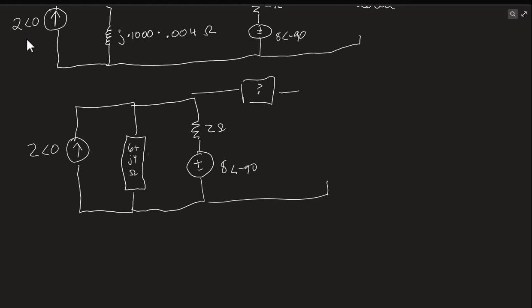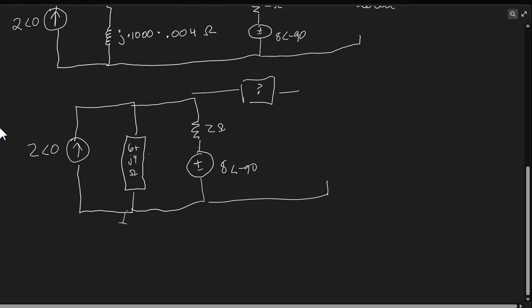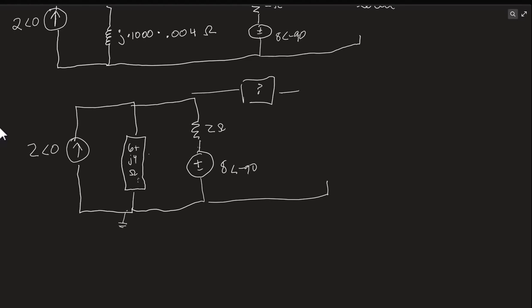So it's not quite parallel, because to be parallel they have to have their ends at the same voltage. If this was ground, this end would be at 0 and this one would be at 8 angle negative 90. So their tops are at the same voltage, but their bottoms are not.